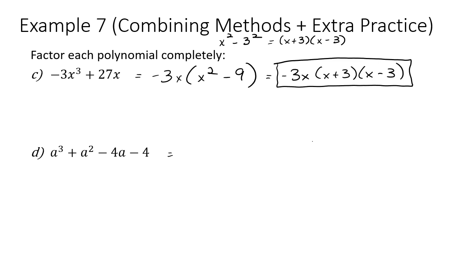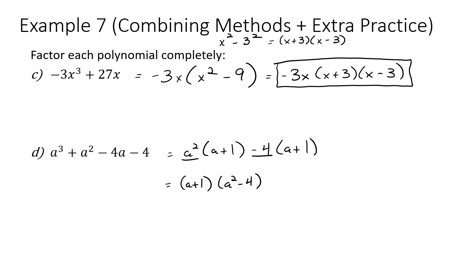So for the first two terms, if we factor out an a squared in common, that would leave us with a plus 1. For the second two terms, factor out the minus 4 in common. That would also leave us with a plus 1. Factor out the a plus 1 in common.